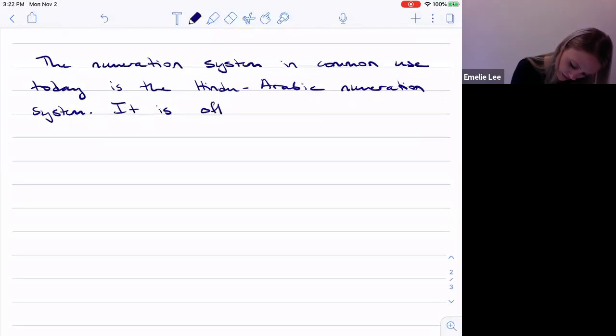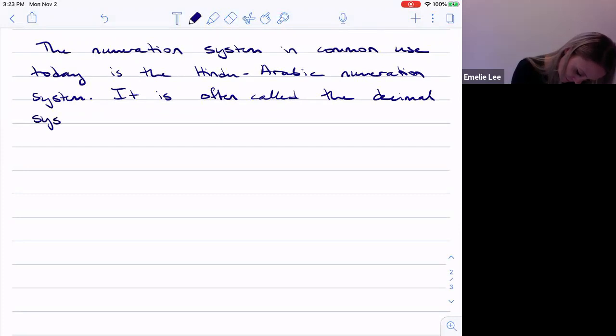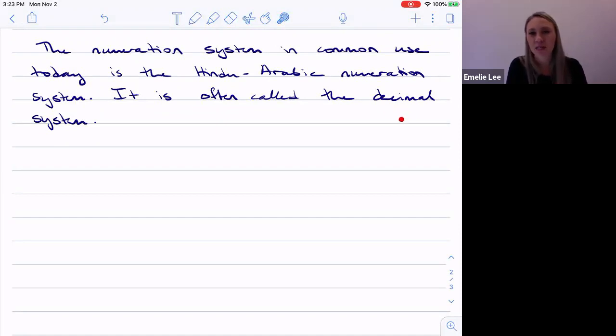It is often called the decimal system, and of course decim means 10, so it is base 10, which we'll get to in a little bit.